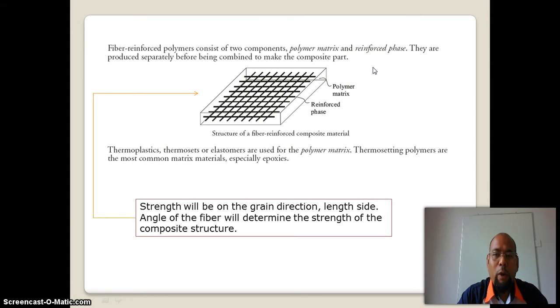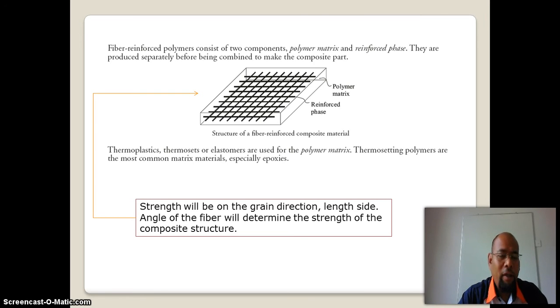If we have separate matrix or separate fibers or reinforcement, you do not have the strength. You need to combine these two together in order to achieve the strength that you require. If you combine these two, it becomes a synergy where you gain the strength.